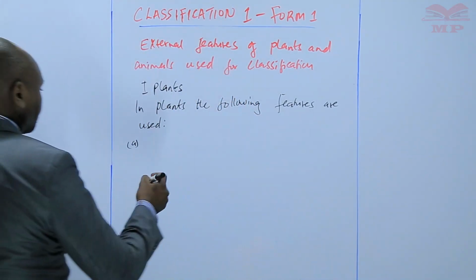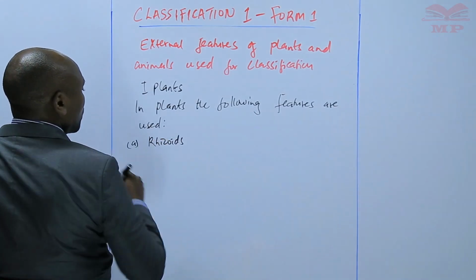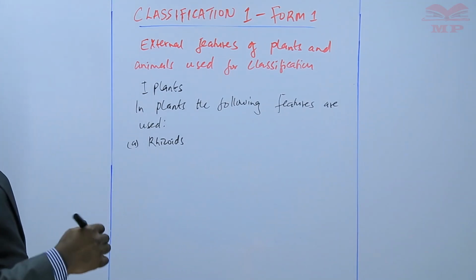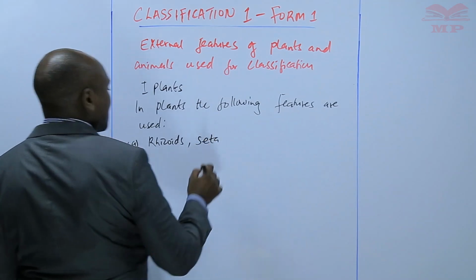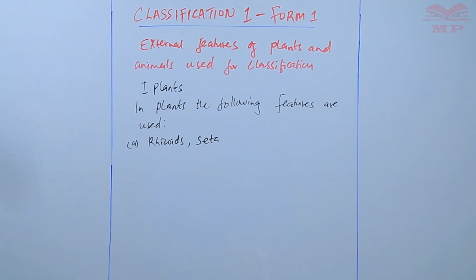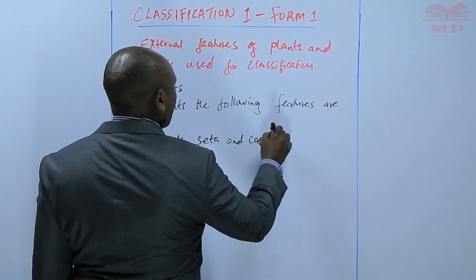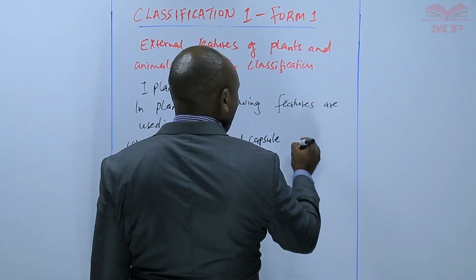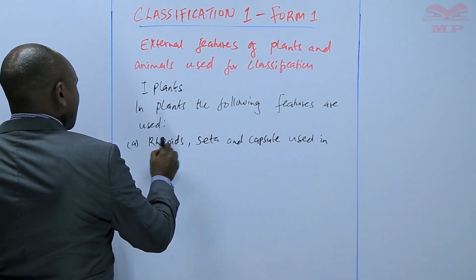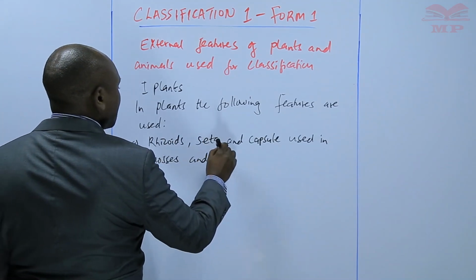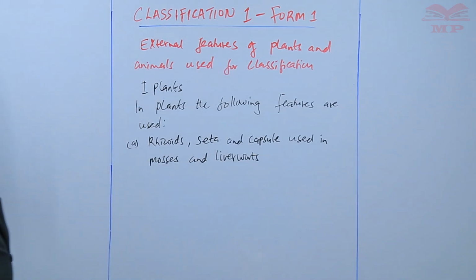Rhizoids look like roots, but they are not true roots. The presence of seta. Seta is a filament that emerges above the surface, and capsule. These ones are used in mosses and liverworts. So those are the structures that we use.